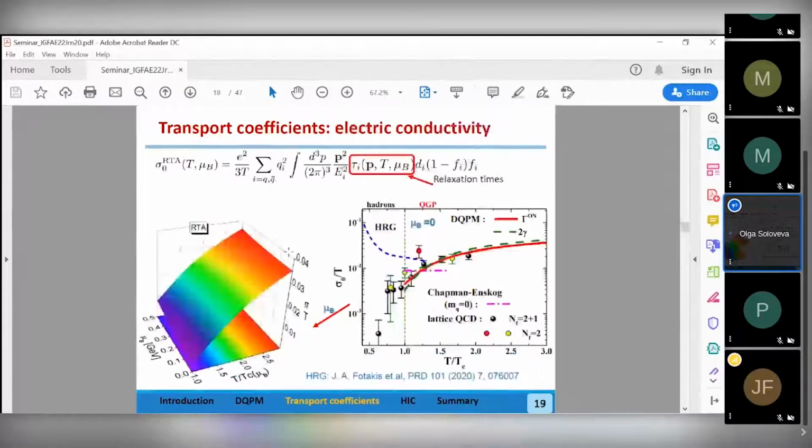Using the same technique, you can also obtain the electric charge diffusion coefficient, or electric conductivity. Here you can see our results in red and green in comparison with lattice calculations and with the hadron resonance gas calculation of our colleague Jan Fotakis. In the case of conductivity and baryon diffusion coefficient, you take into account only quarks.